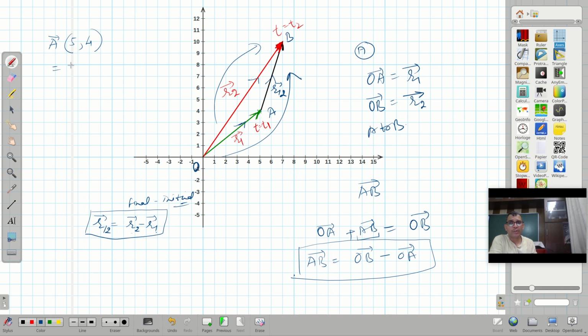We can call it 5i cap plus 4j cap. Sorry, this is not A, but this is the R1 vector, and similarly the R2 vector corresponds to 7 and 10, so it is 7i cap plus 10j cap.